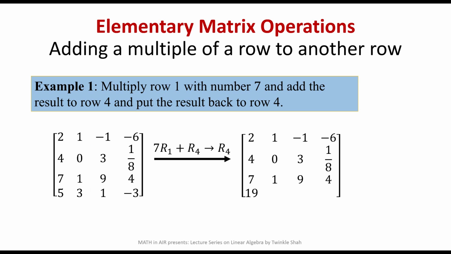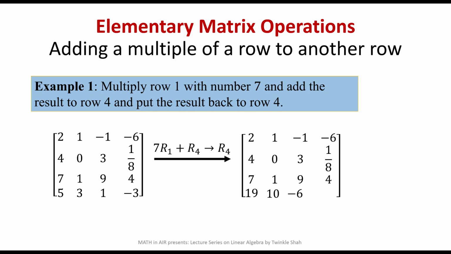Now let's compute the element in the fourth row and second column. 1 times 7 equals 7, plus 3 equals 10. Similarly, negative 1 times 7 is negative 7, plus 1 equals negative 6. And negative 6 times 7 is negative 42. Negative 42 minus 3 is negative 45.